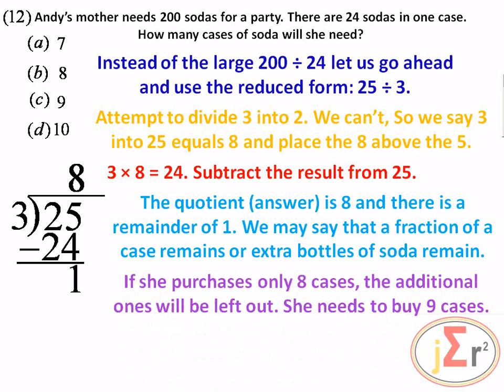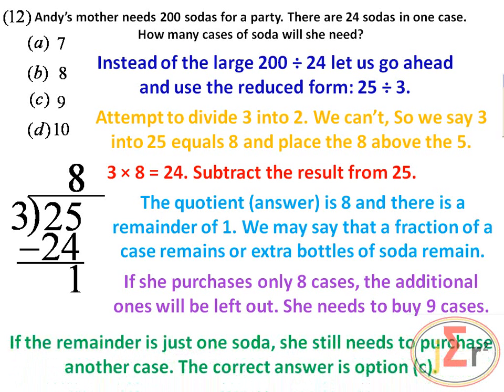If she purchases only 8 cases, the additional ones will be left out, and she will not get to 200 sodas. She needs to buy 9 cases. If she does not buy another case, she will never get to her 200. If the remainder is just 1 soda, she still needs to purchase another case. The correct answer is option C, because of the leftovers, Jerry.